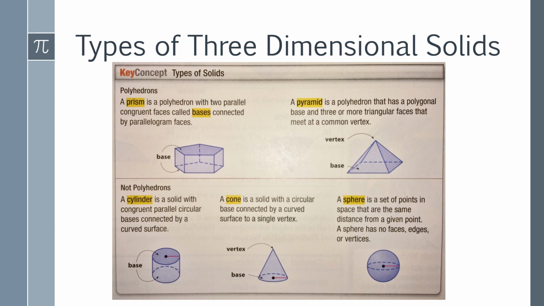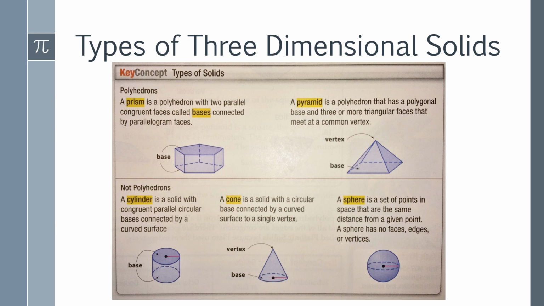The bases could have any number of sides, three or more, but the faces are all parallelograms. Okay, a pyramid is a polyhedron that has a polygonal base and three or more triangular faces that meet at a common vertex.